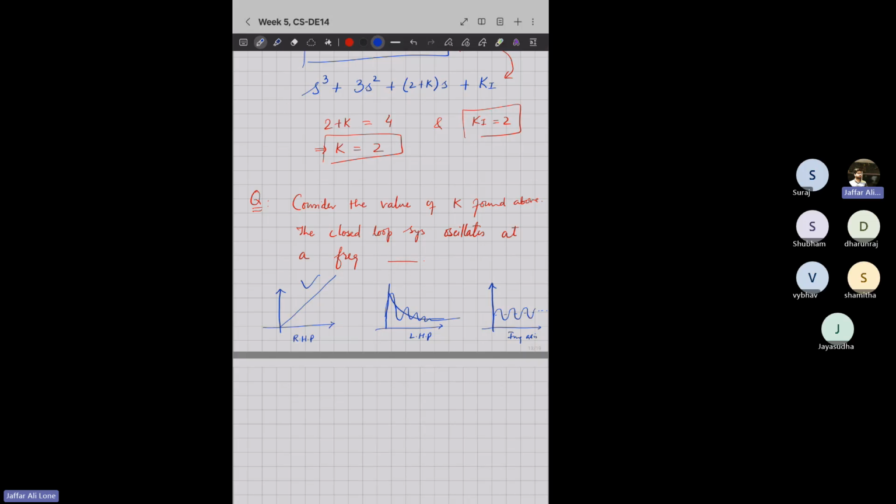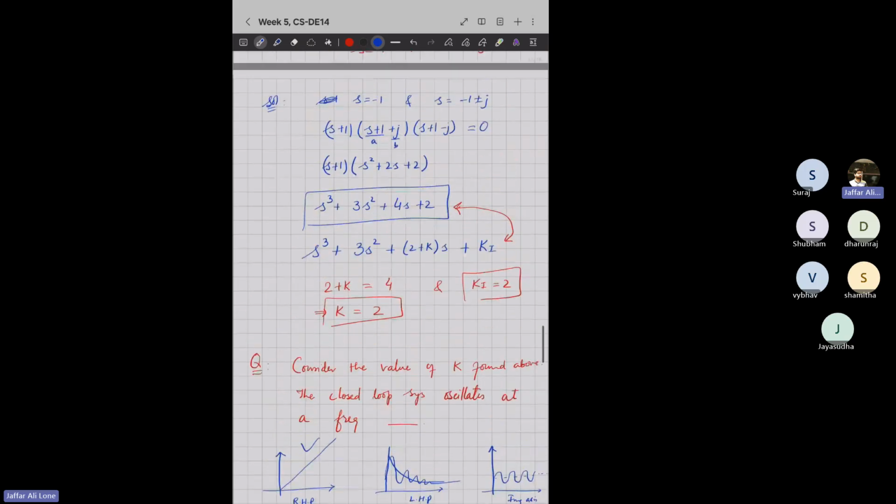So what will be the frequency of oscillation if the value of K is 2 in the above problem? In other words, the system is marginally stable, which means there are poles on the imaginary axis, which means there is the presence of a row of zeros.